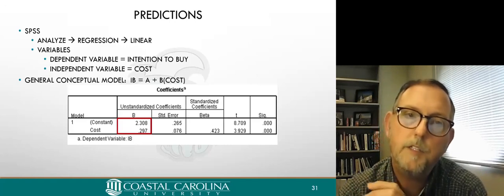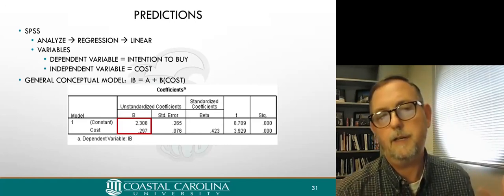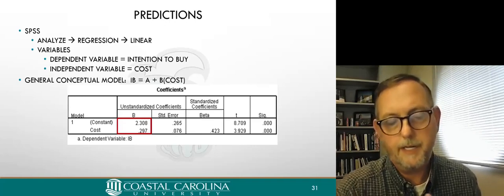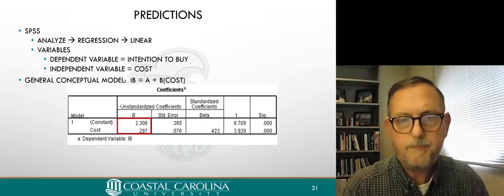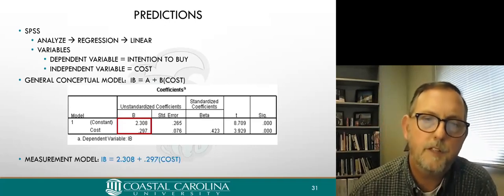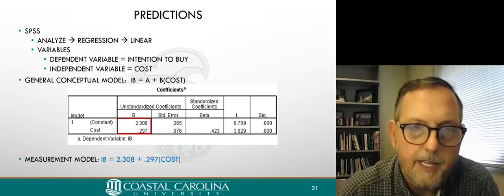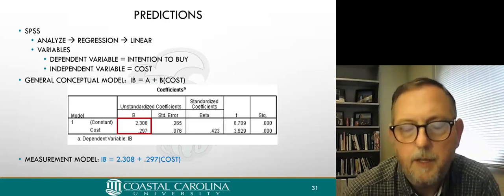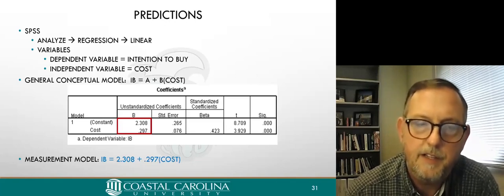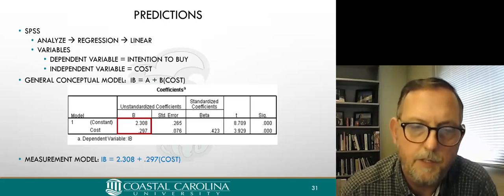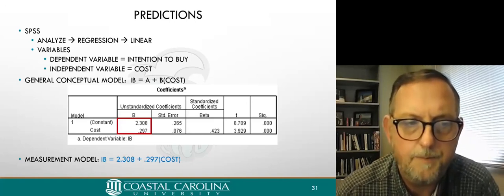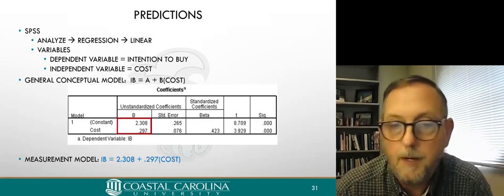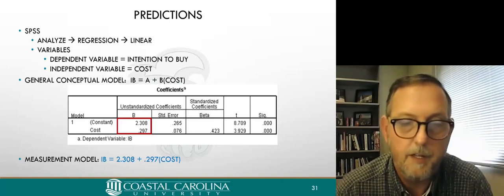But if you want to interpret the B in a regression in a predictive model, then the 0.297 is what you use. So if I want to predict intention to buy and I just have cost, this is the formula. This is a predictive model.